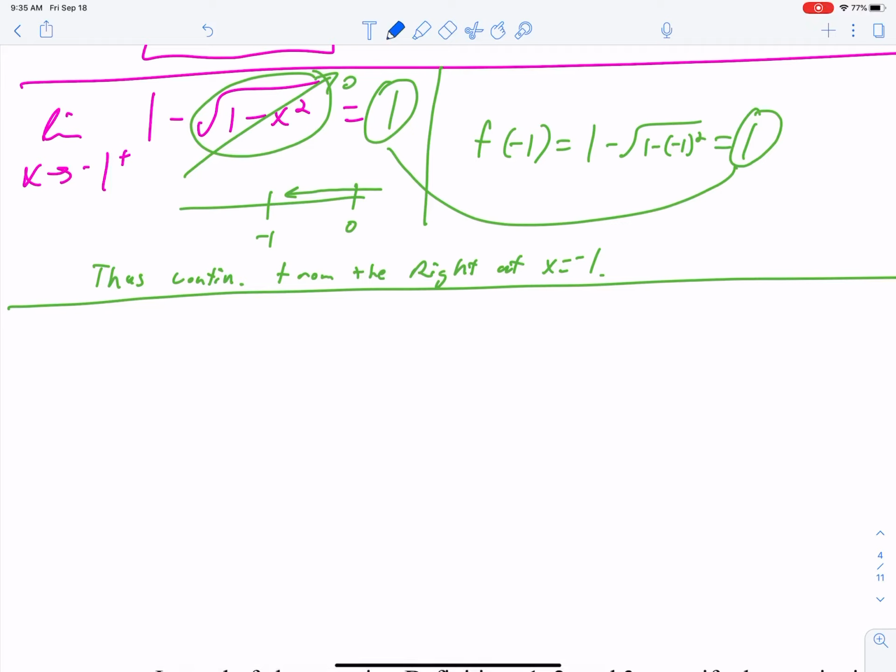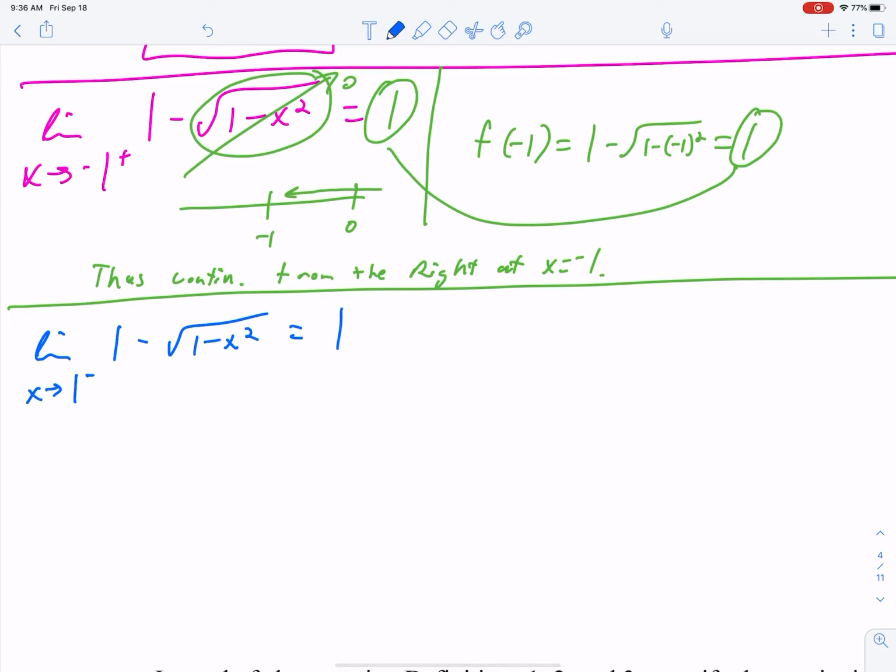Everything's the same. The logic's the same as we just did here. So limit as x approaches positive 1 from the left of the function. Same logic, we're approaching positive 1 from the left, so values smaller than 1. If we square that, we're still really close to 1, and then we're looking at 1 minus 1, which is 0 again.